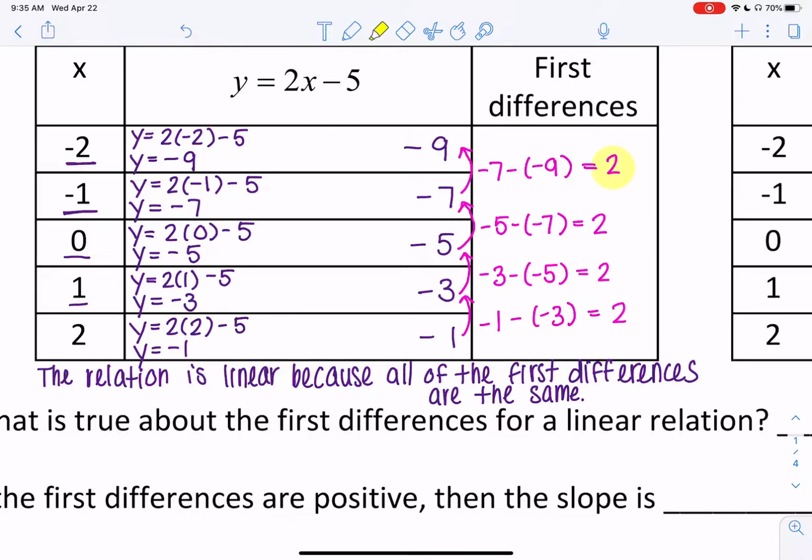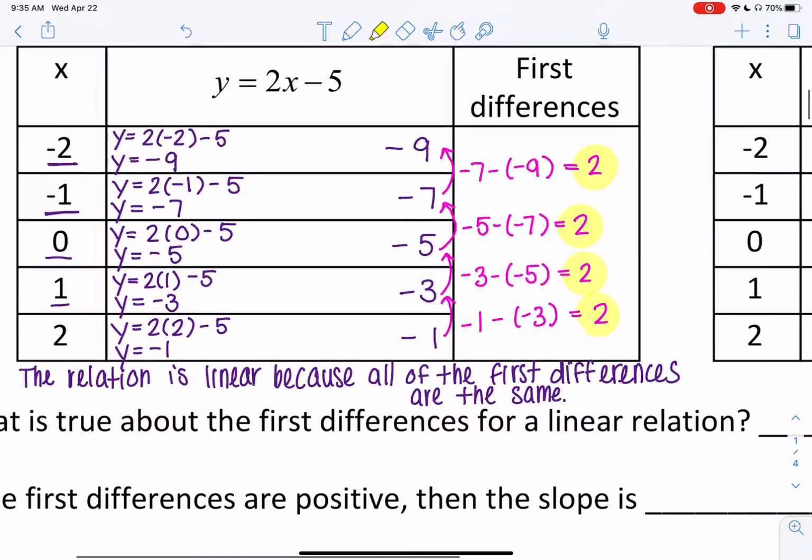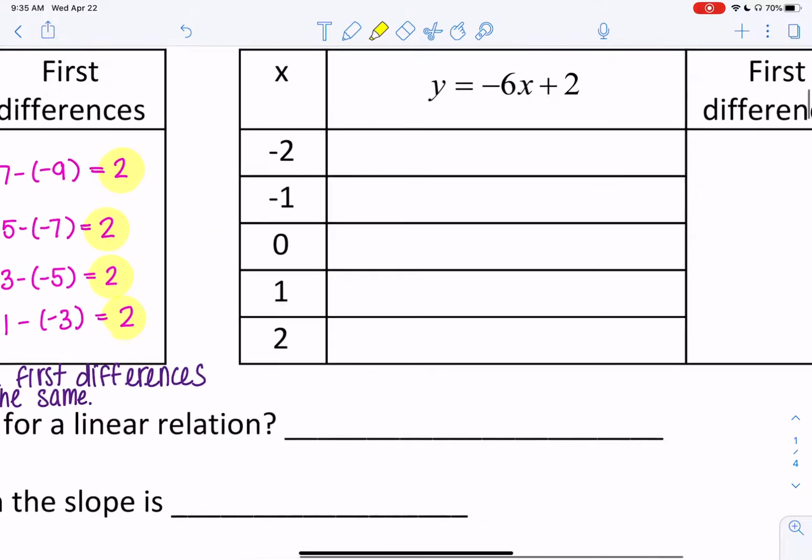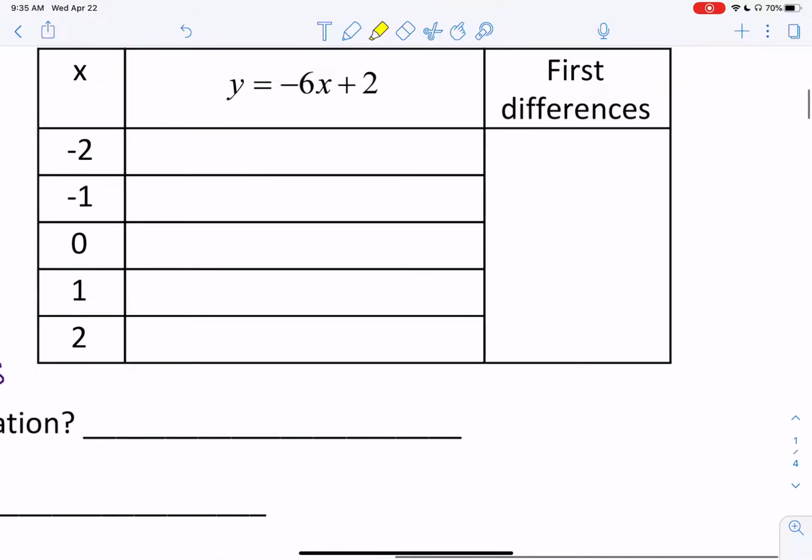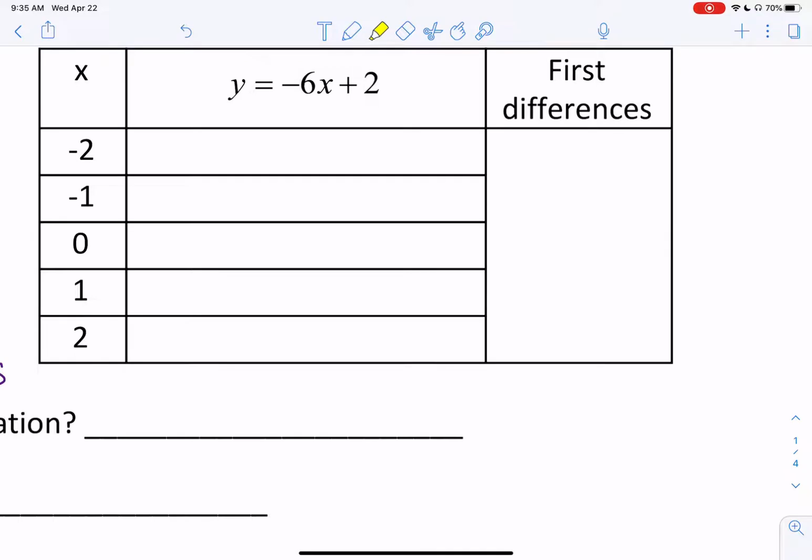So because I have 2, 2, 2, 2, I know that this is a linear relation. So I want you to give the second one a try on your own. Pause the video, give it a try, and then come back and double check your answers and see how that went.